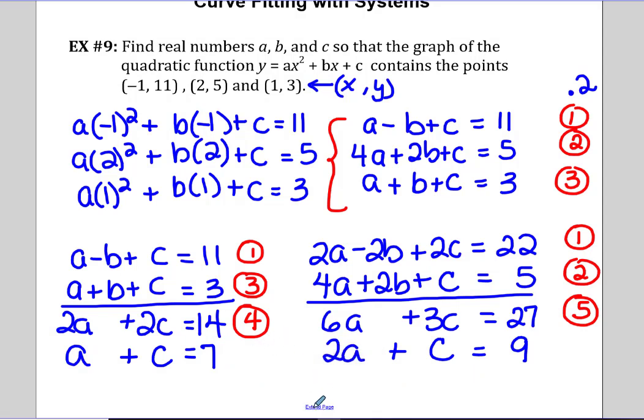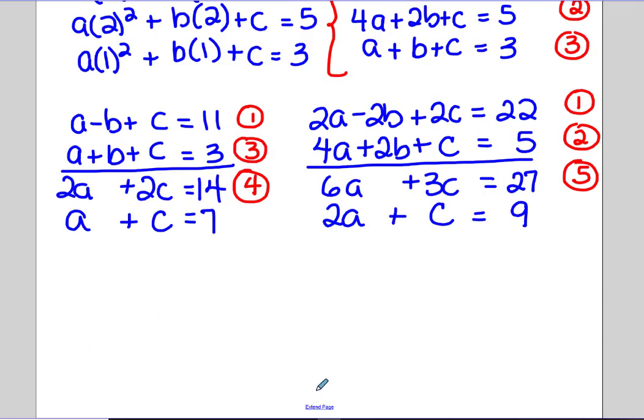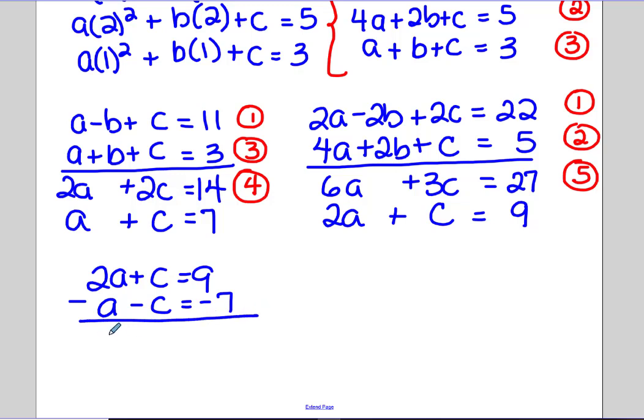So using equation 4 and equation 5, we could say 2a plus c equals 9 for equation 5, and then subtract equation 4. So minus a minus c equals negative 7. That way 1a equals 2. So we have an answer for a.